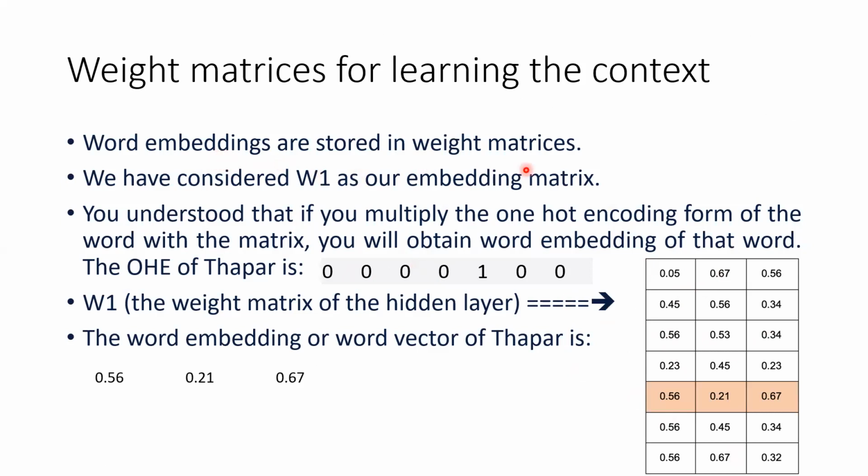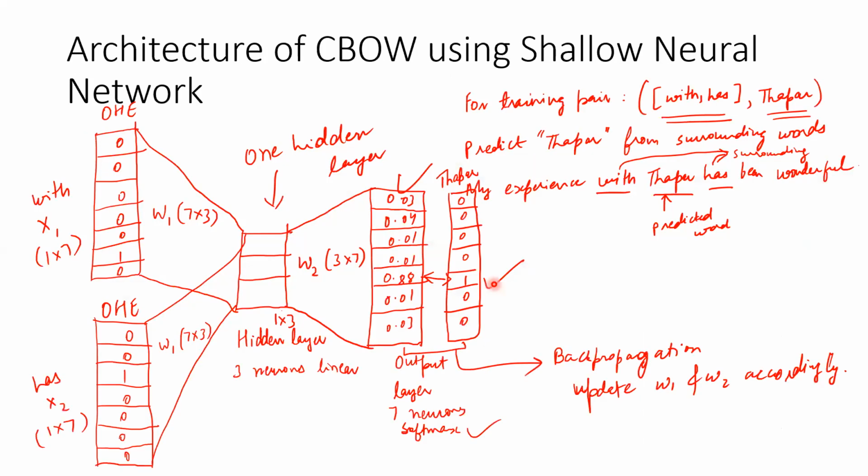Word embeddings are stored in the weight matrices, and we have considered W1 as the embedding matrix. We have seen earlier the one hot encoding of Thapar, that Thapar is 0000100. The sentence was, my experience with Thapar has been successful. So the fourth word is Thapar here.